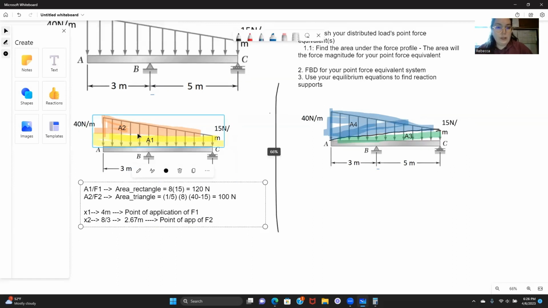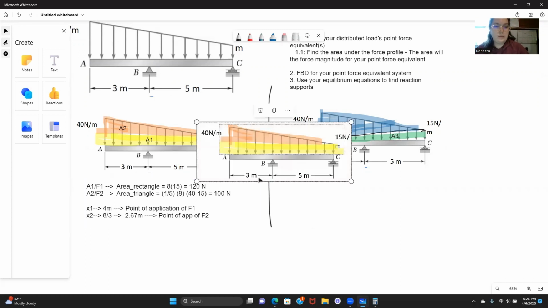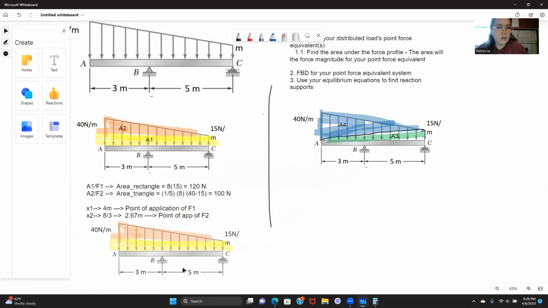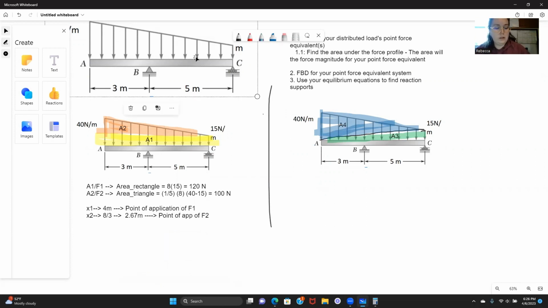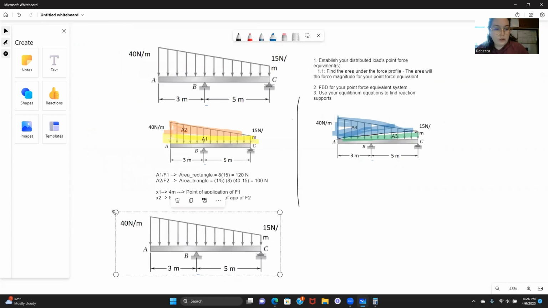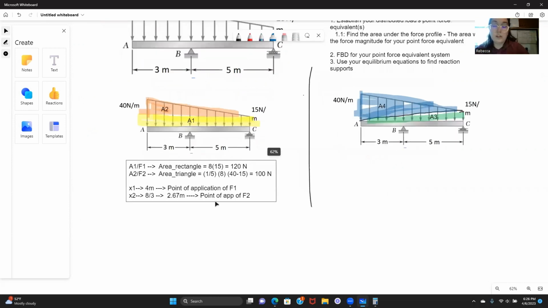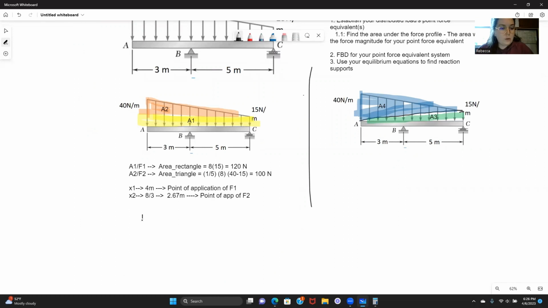If we wanted to simplify our distributed load to be a point force, which makes it easier for us to analyze, we're going to have our bar.